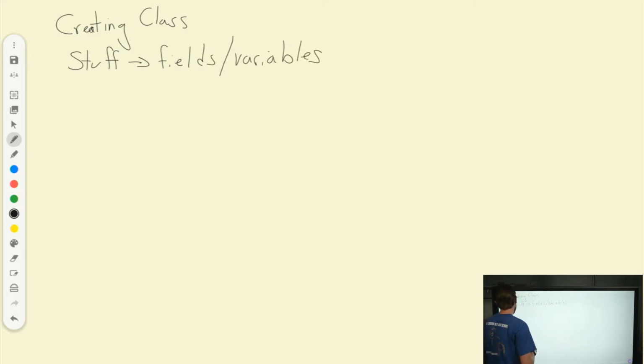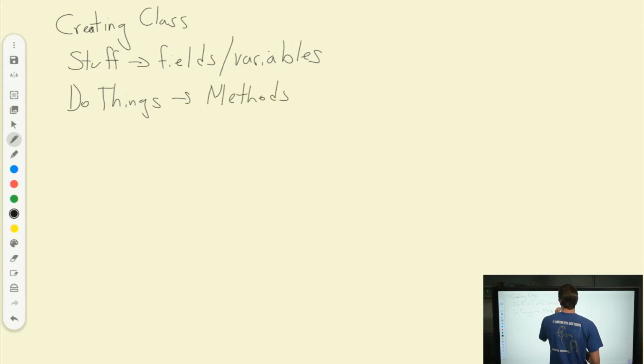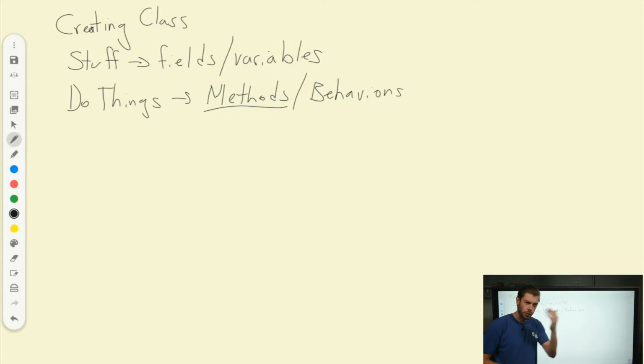And we also do things, which we called methods, or sometimes we called behaviors, although methods are really the official term within an object-oriented programming language.